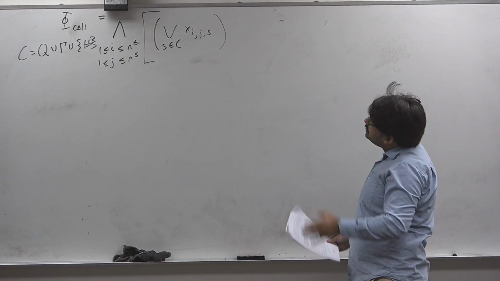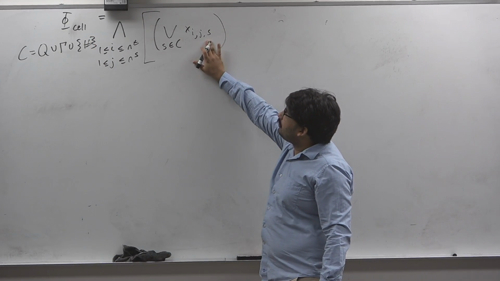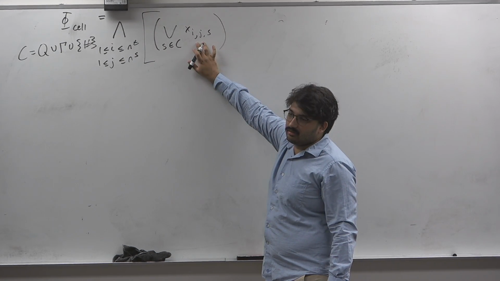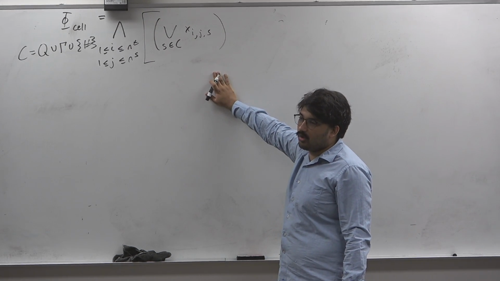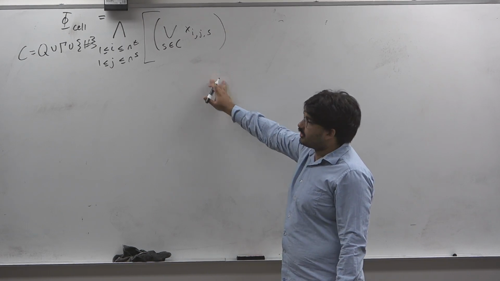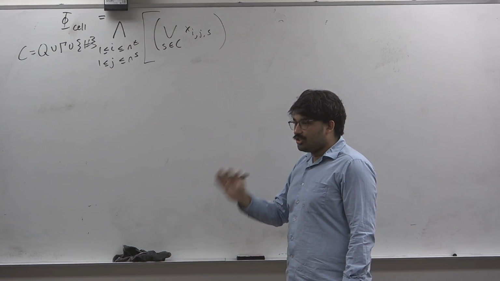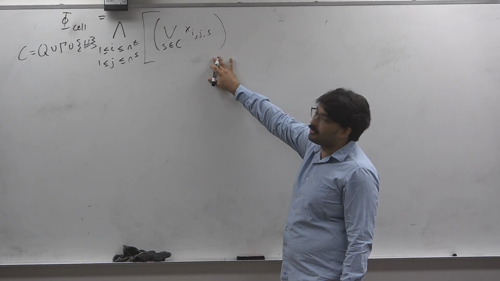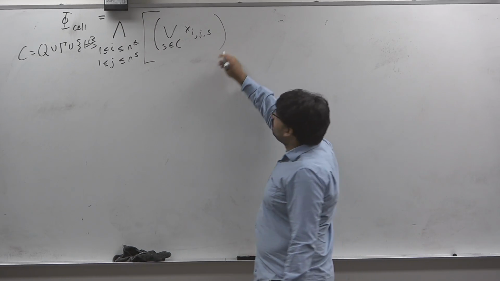So we say check for each symbol, for each i and j, at least one of the symbols is on. Do we agree this ensures at least one symbol is on for each one? So for example, i equals 2, j equals 3, none of them are off. If this formula is satisfiable, this must be on, right?